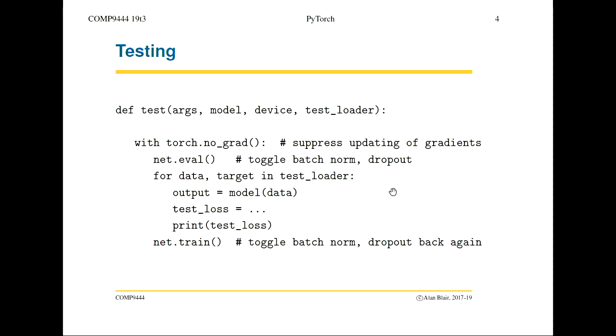And finally this eval thing. I mentioned dropout, and there's this other thing called batch normalization, which we'll talk about in week 5, but let's just think about dropout for the moment.